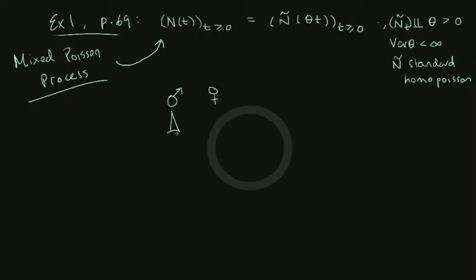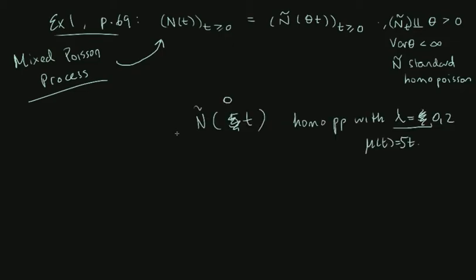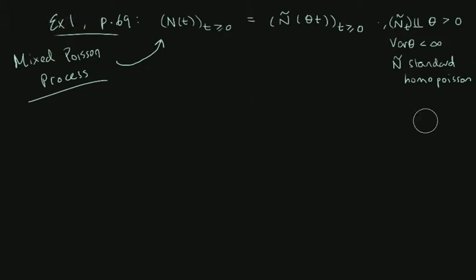So we have a population of men and women like this. 1 man, 2 men, 1 woman, another man, and another woman, and so on. And you're not really sure which one of these you'll have to look at, or how many of each you will have.